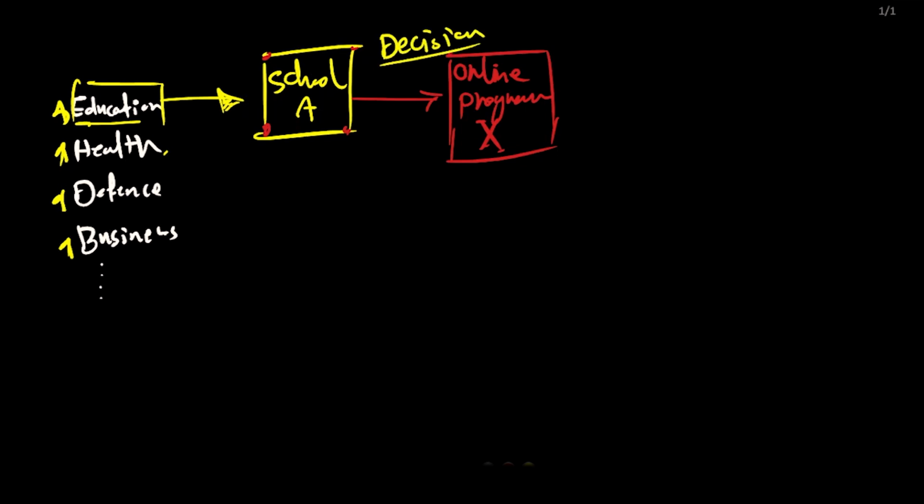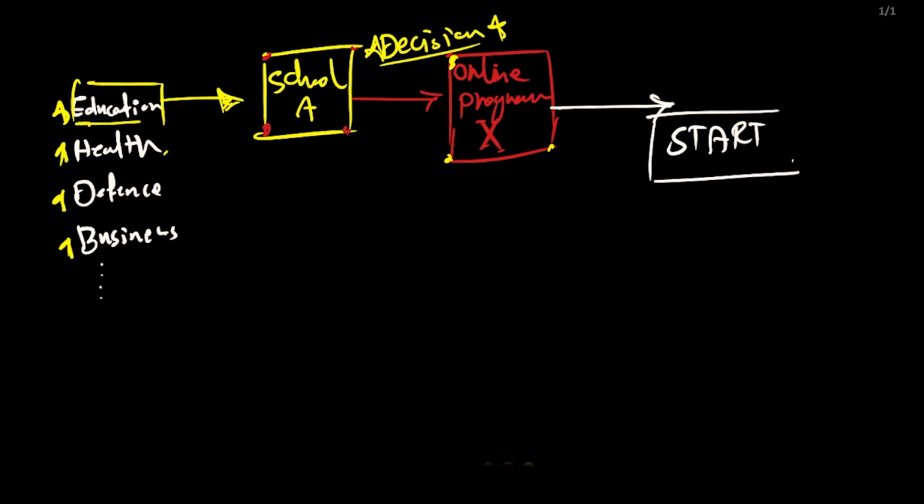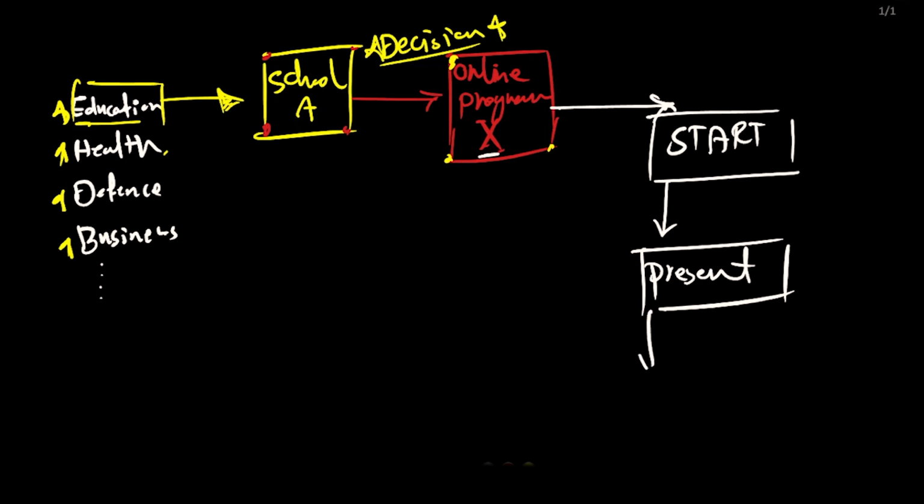It doesn't concern me at the moment, but I will assume this is the final decision the school came up with. And since the program has been set to be executed, that means there has been a start. So you see now, this element X has a start. And since we are starting something, there is a present status for this program. And then, of course, since you have a present, probably we will be looking at the future sometime later.